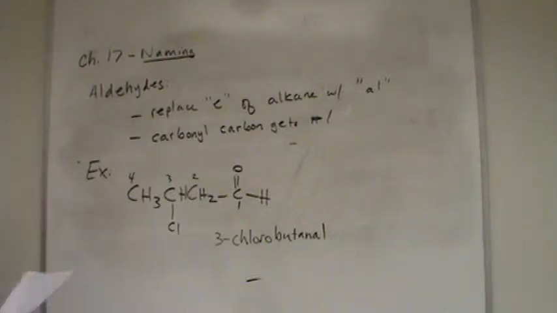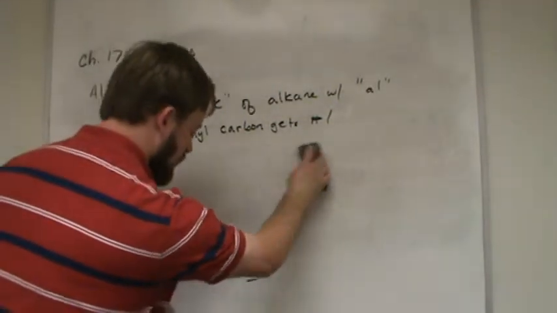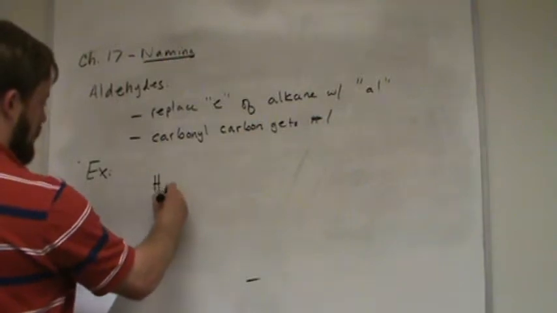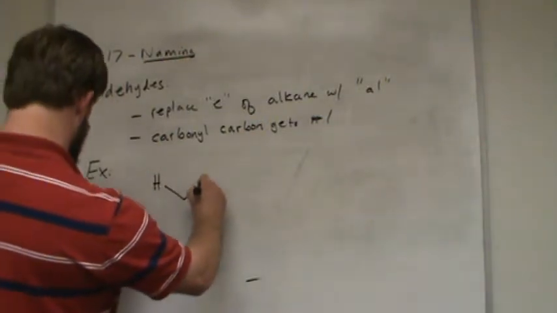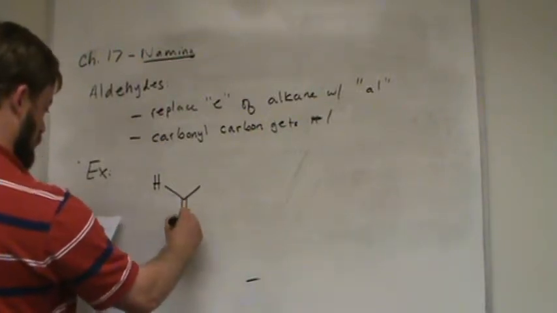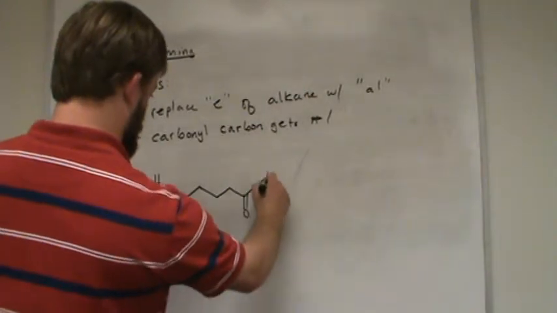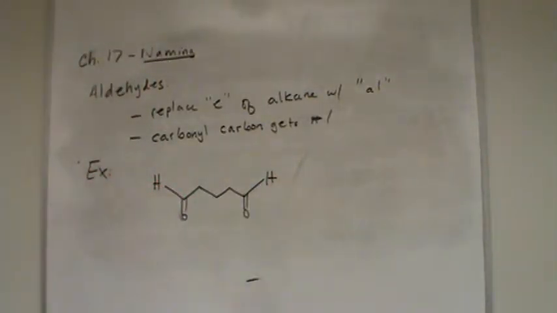Now I want to show you just a couple of, what's the word? I'm drawing a blank. Exceptions. There we go. A couple of exceptions, or a little different, if you remember, with rings, or if we have 2 aldehydes on 1 compound. So for example, let's name this. Name that guy.